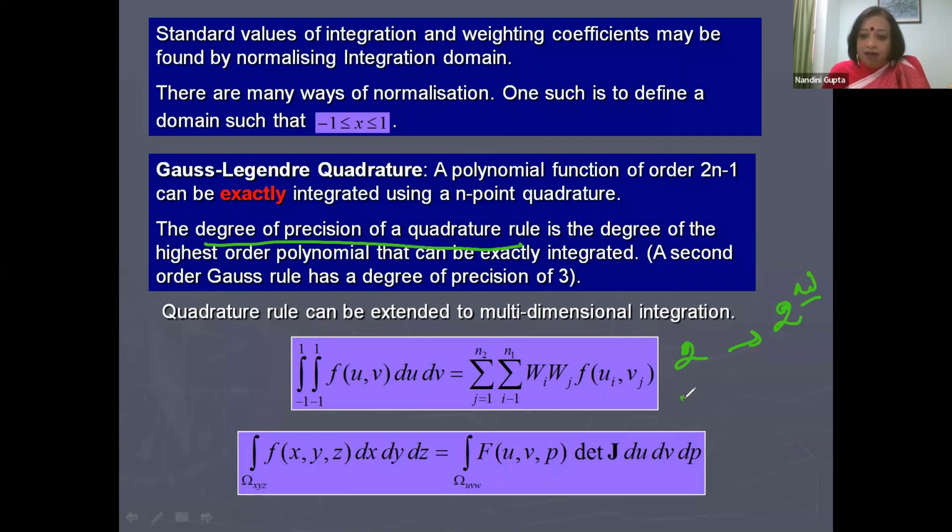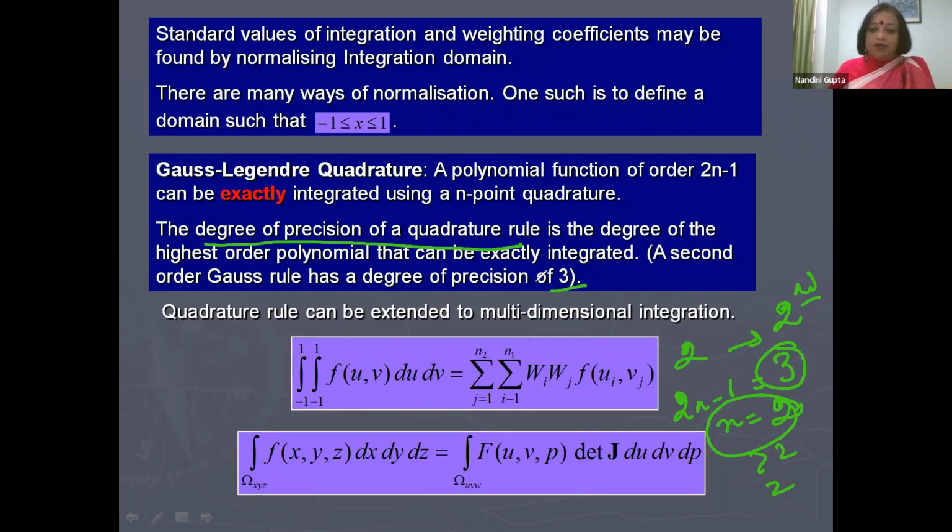But if you take a third order polynomial, 2n minus 1 is equal to, let's say, 3, in that case also you need a 2-point quadrature. But if you go above 3, 2-point quadrature is no longer possible. So the highest order of the polynomial which can be exactly integrated with a 2-point quadrature is 3. Therefore, the degree of precision of the second order Gauss rule is 3.